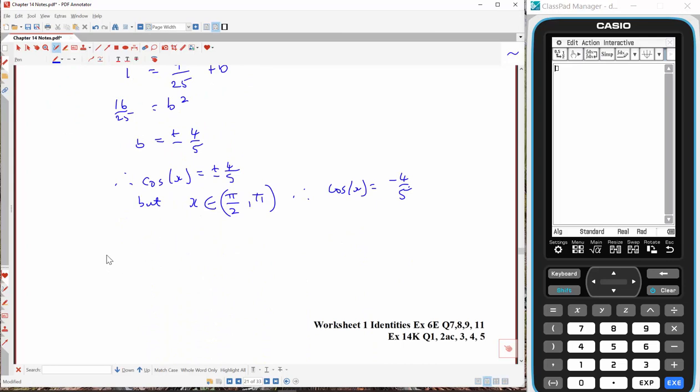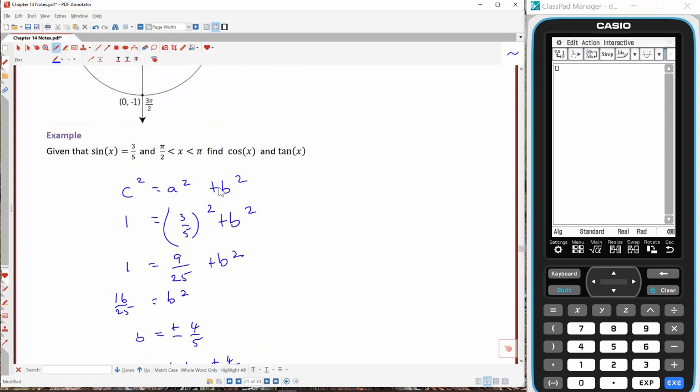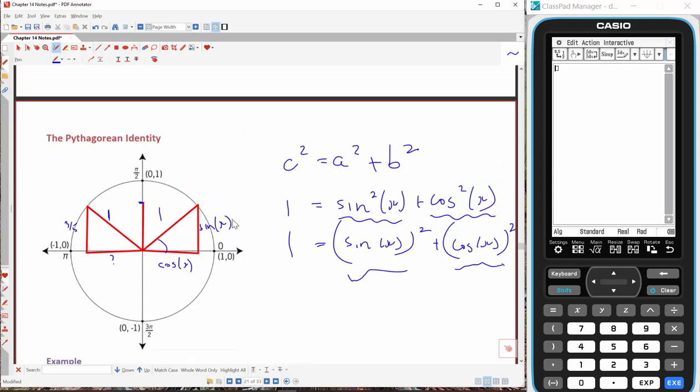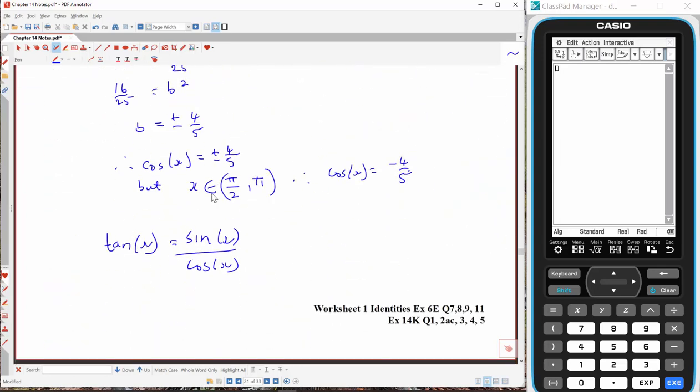Right, and the last one we want to get is tan x. Now remember the rule for tan x. Tan x is equal to sine x on cosine x. Sine on cos. All right, now again, why is that? Because circular functions, tan is equal to the opposite over the adjacent, sine on cos. All right, so what we can do is just pop those in.